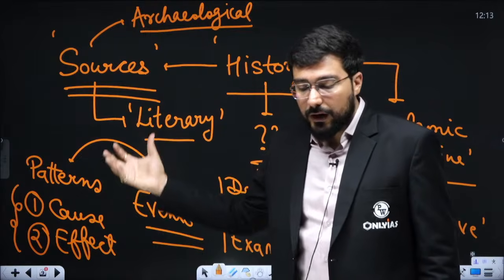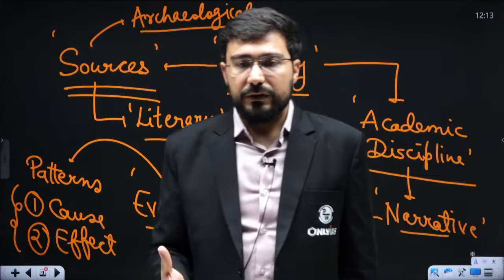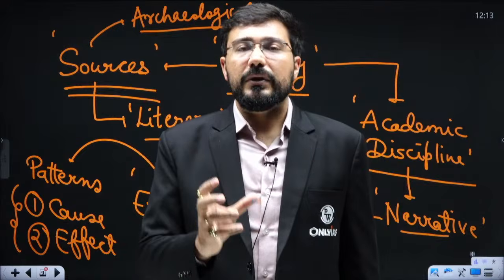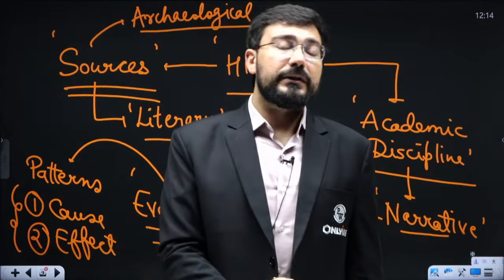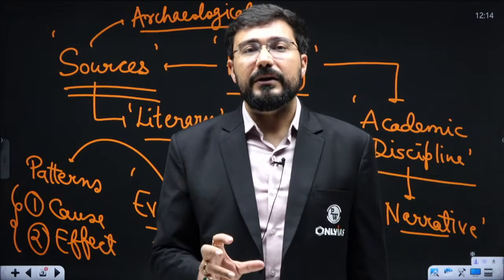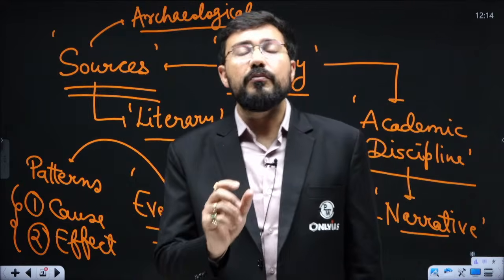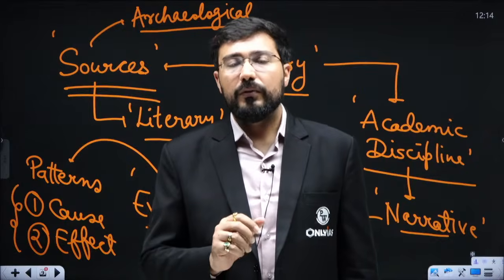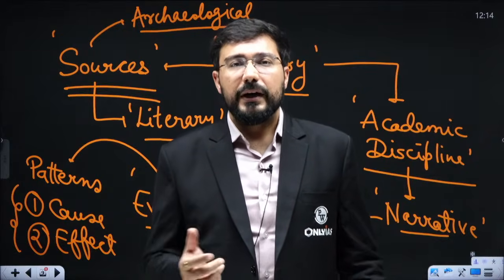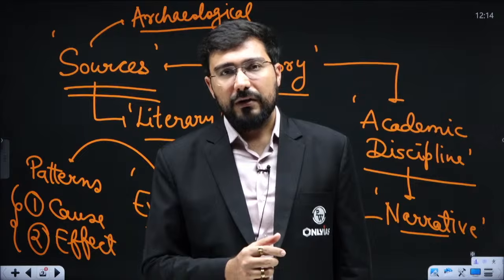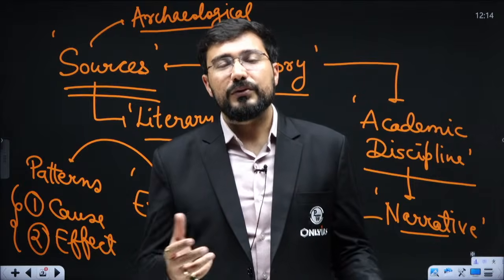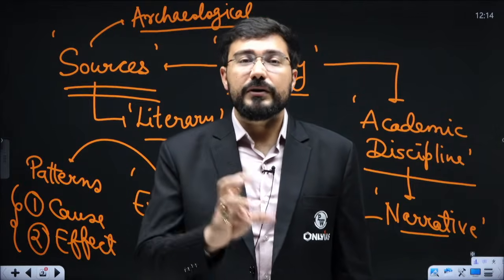And why does writing history require sources? Because history tries to reveal truth. It may not succeed, but at least it tries to reveal truth. That's why history is often compared to science, even though at its core it's an arts subject. It is compared to science because we talk about causes and consequences.